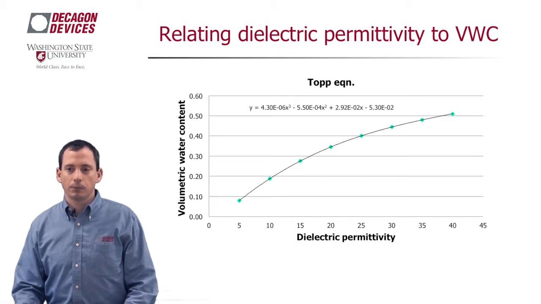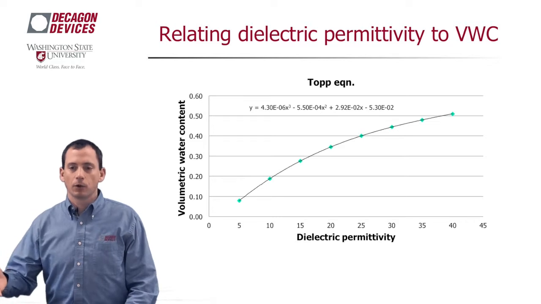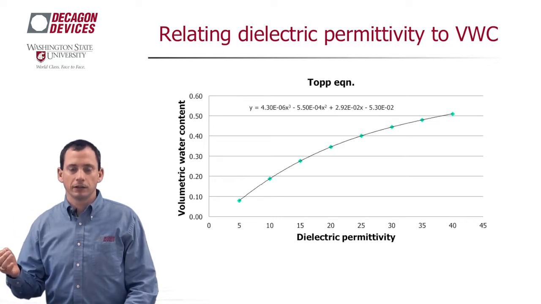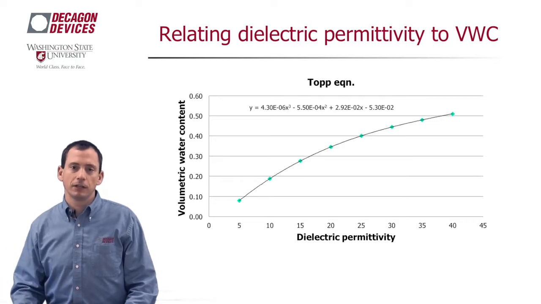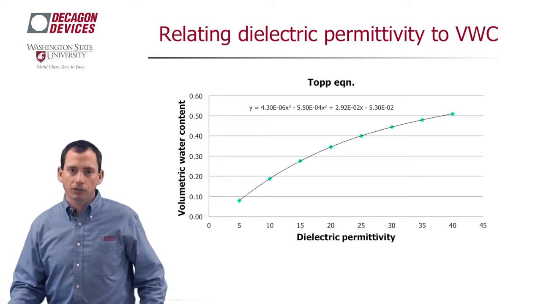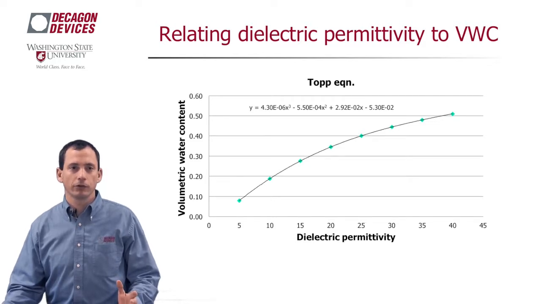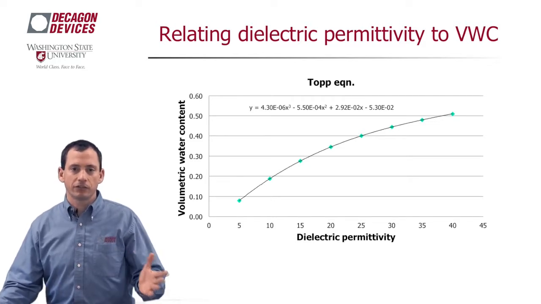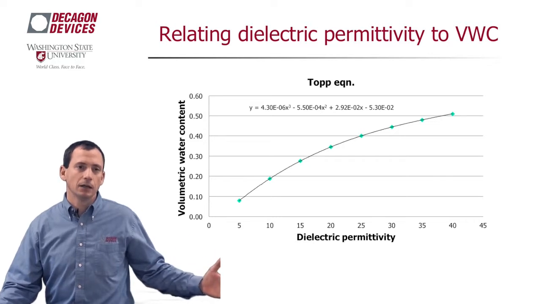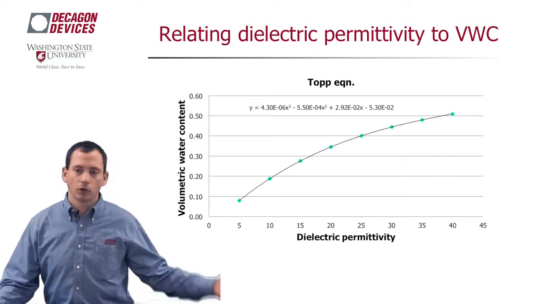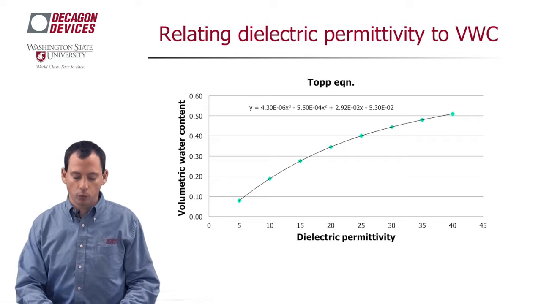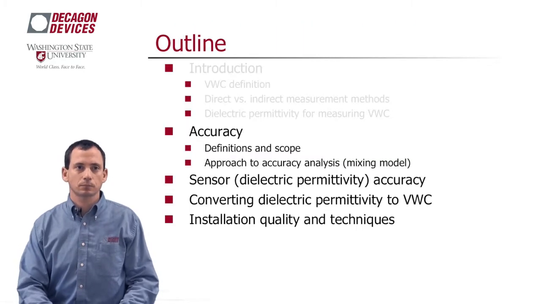And it is just an empirical relationship that relates dielectric permittivity to volumetric water content and allows you to predict water content from dielectric permittivity. And it's actually a pretty good relationship that works for a lot of typical mineral soils. And so this is the basis of our ability to be able to measure permittivity in the soil and get water content. This is one example of that anyway.